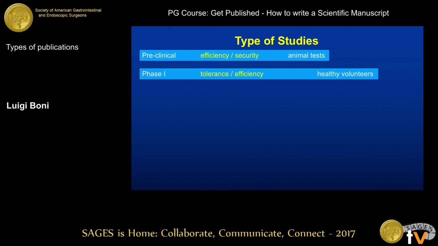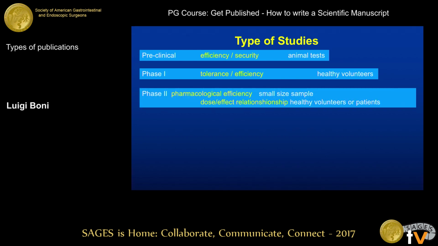Then you have a phase 1 study that is focused on the tolerance and efficacy of your therapy, and these usually are performed on healthy volunteers that are paid, usually related to pharmacological efficacy. So you take a small sample size and you see if it works. And then you will check also the dose-effect relationship, either in patients or in healthy volunteers.